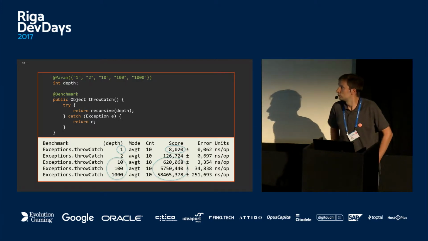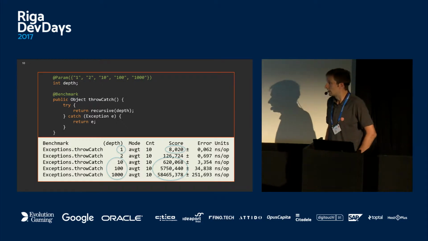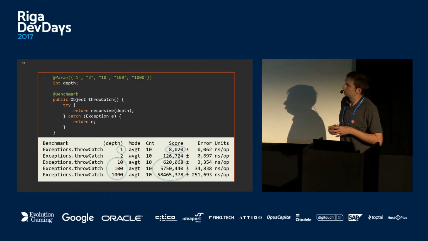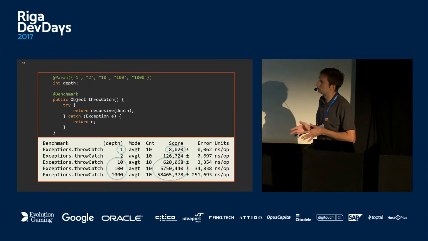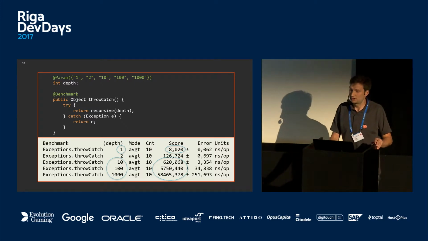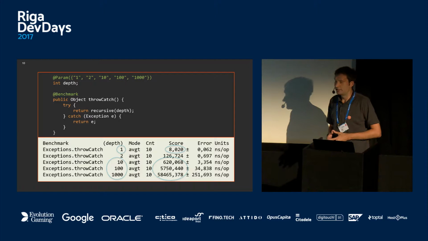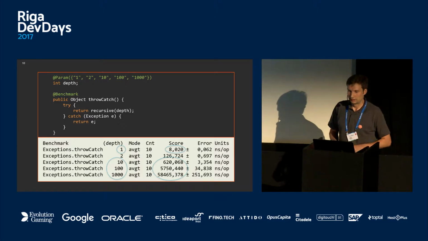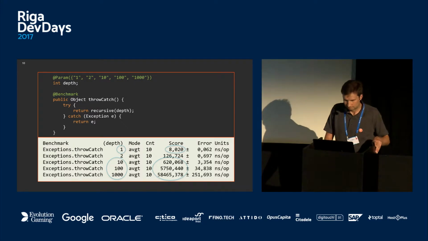The second interesting fact is that on deeper levels, the cost of throw and catch is roughly proportional to the stack depth, which is quite understandable because it takes linear time to find an exception handler and to walk the stack trace.